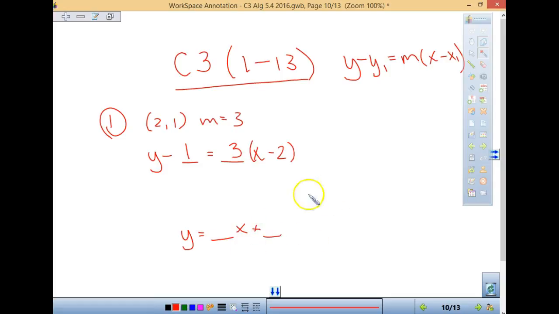That's what I'm asked to get as your answer, right? So you're going to use the distributive property. You got y minus 1 equals, you're going to distribute here, you're going to get the y by itself, okay? So you start in point slope. Your answer does not want to be in point slope, it wants to be in slope intercept, okay?